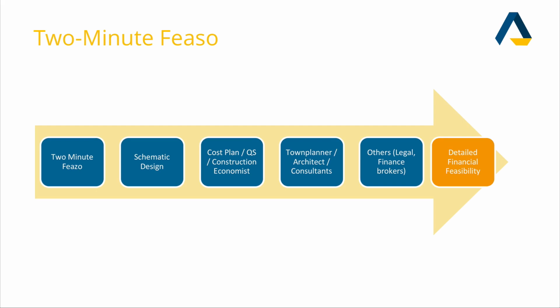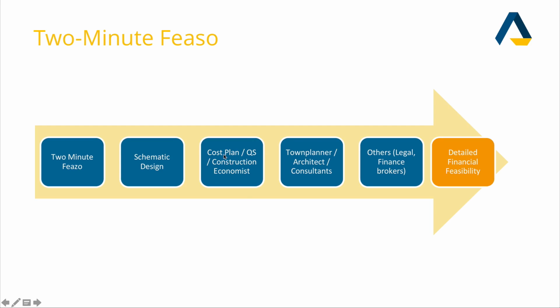The next stage, now this is going forward towards a detailed full-scale financial feasibility. If you want to go to the next level from that point on, you can actually get a cost plan done. The larger the development, the more accurate you need to be with all of these things, and the more consultants that you will need to employ in order for them to give you some accurate numbers.